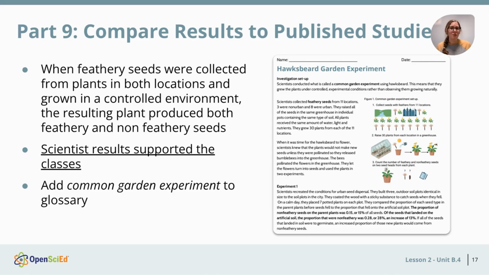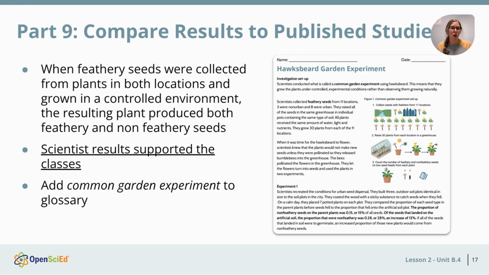The students are going to figure out that when feathery seeds are collected from plants in both locations, again, grown in a controlled environment, so we're taking out the possibility of changes of sunlight, of pollution, cars, buildings, these plants are going to produce both feathery and non-feathery seeds.